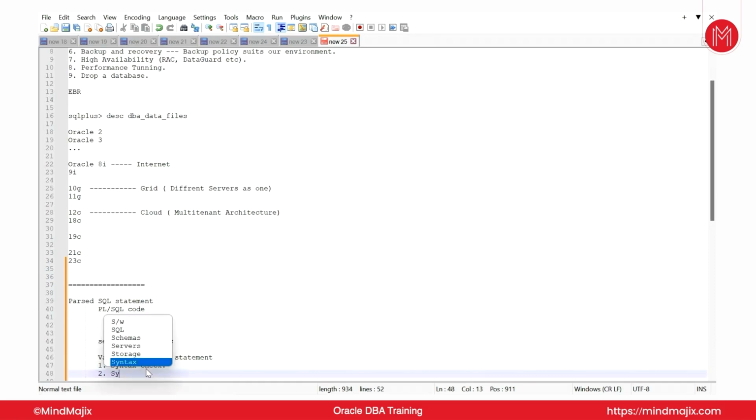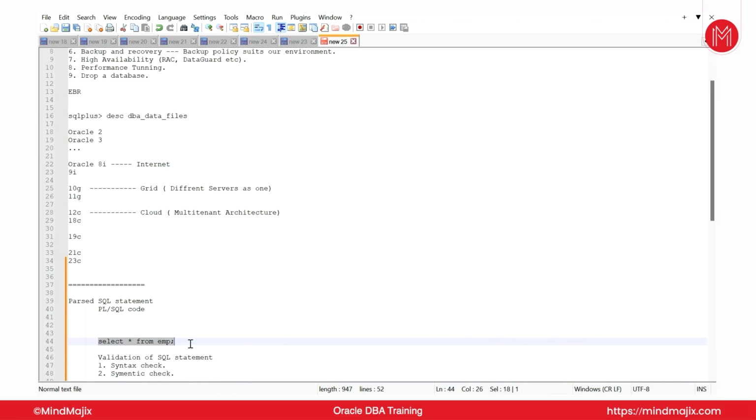Second, it performs a semantic check. So when we say a statement is being parsed, that means the statement is being validated by the database. The first validation the database does is to check the syntax of the SQL statement.